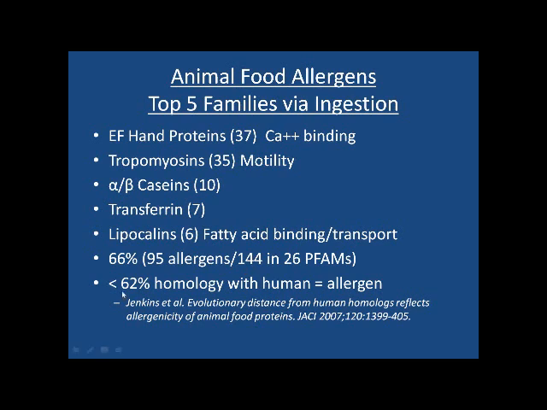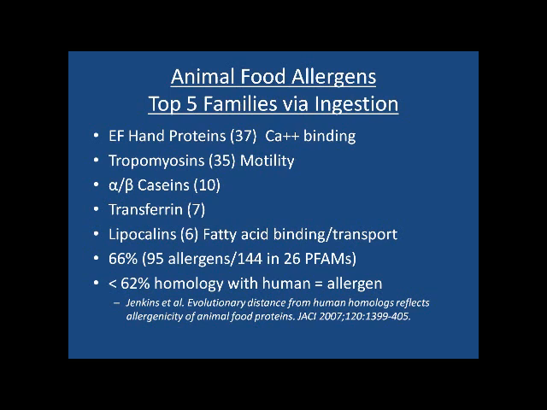An interesting study is Jenkins' evolutionary distance from human homologs reflects the allergenicity of animal food proteins. And what it shows is that if it's less than 62% similarity or homology with the human protein of the same kind, then it can become an allergen.